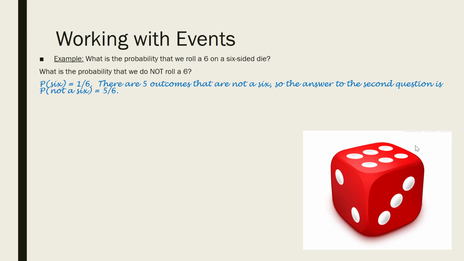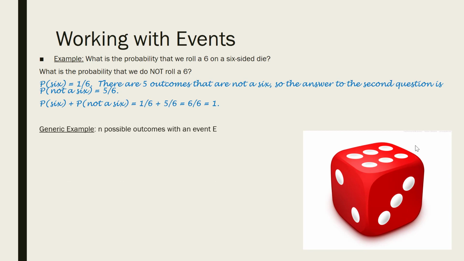There are 5 outcomes that are not a 6, so the answer to the second question is the probability of not getting a 6 is 5 out of 6. But notice that if we add the probability of getting a 6 with the probability of not getting a 6, we get 1/6 plus 5/6 equals 6/6, which is the same as 1.